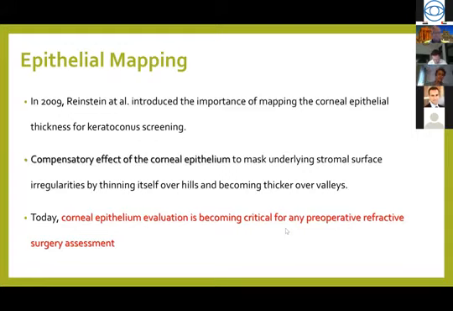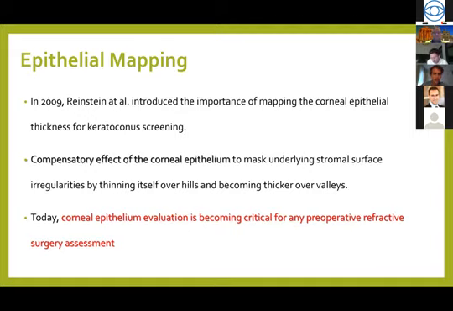Okay, better. It has already been discussed. Reinstein in 2009 already introduced the relevance of mapping the corneal epithelial thickness for keratoconus screening, because the compensatory effect of the corneal epithelium was already known: it is able to mask mild underlying stromal surface irregularities by thinning over the hills and becoming thicker over valleys.